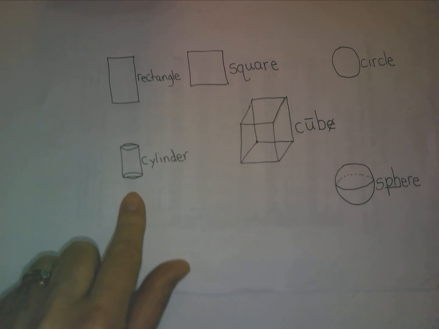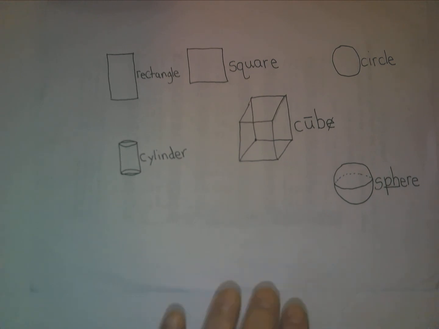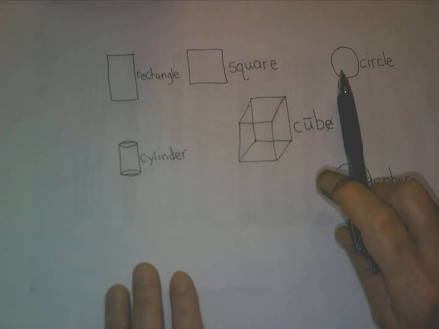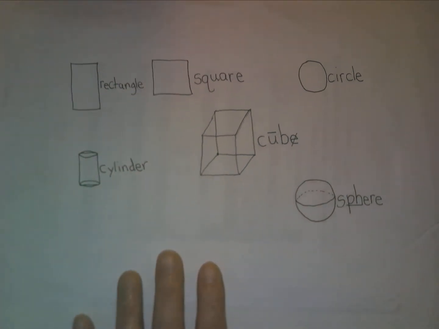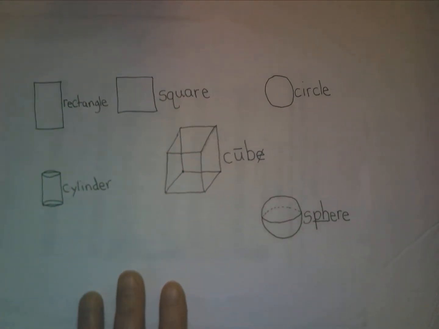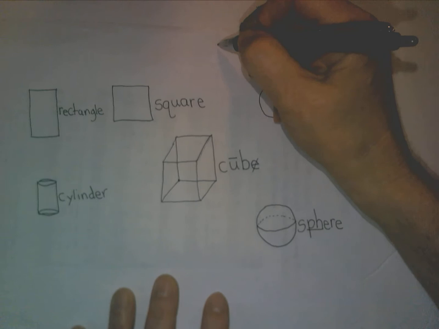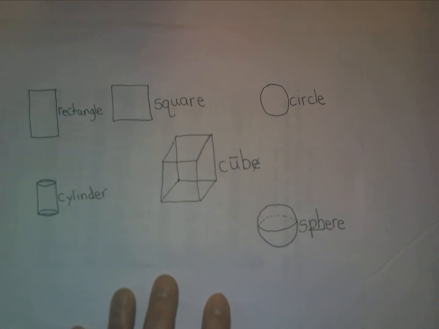No, it's three-dimensional. So we have our rectangle, our square, our circle. What other shape are we missing that we've learned about? I didn't give myself a whole lot of room, so I'm going to put it right up here. I'm going to make a triangle.